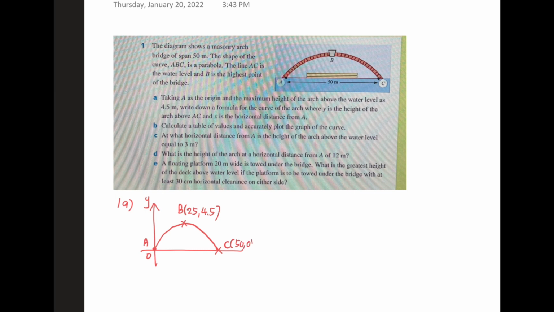And then point C is going to be 50, 0. Okay, so with these 3 points, we need to find out the equation of the quadratics.